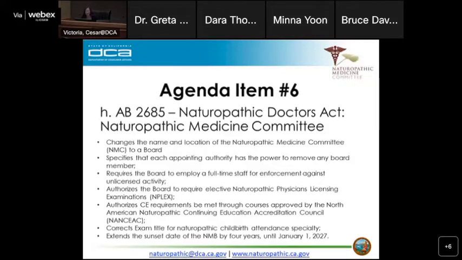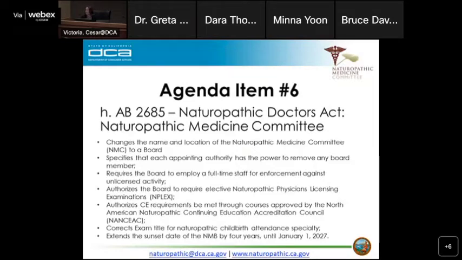Yeah, so it would either be the California Board of Naturopathic Medicine or the Naturopathic Medicine Board of California. With everybody that I've talked with about this, it flows a little bit easier, and it's what some of the other programs have taken, with the California Board of in the first part of that name.